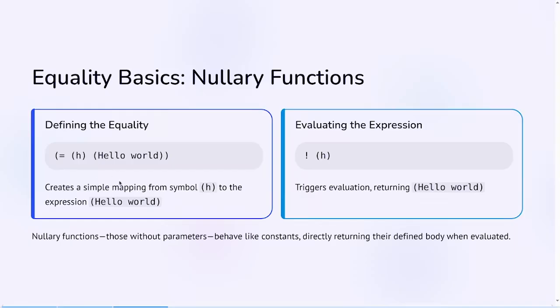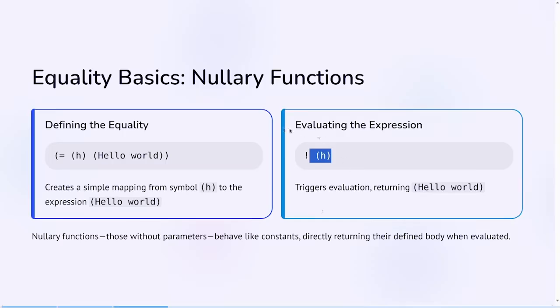So whenever we call h from now on, if we define it like this, it will reduce to hello world. That's a simple equality example. As you can see, h doesn't have any parameter, so we just define it as it is here. Whenever we try to evaluate that expression, it will be evaluated to a symbol, like this.